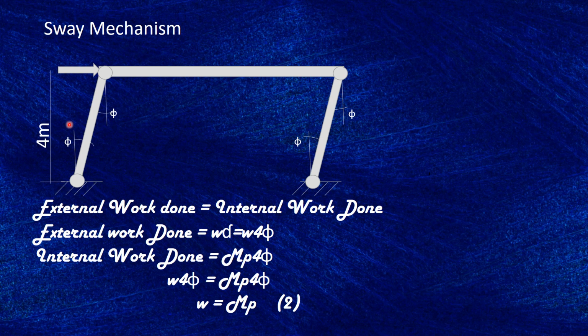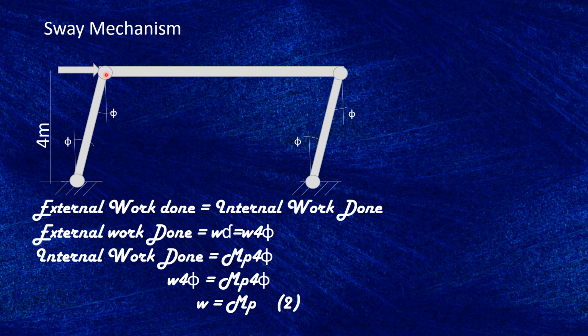Now the internal work done: this load has forced this joint to rotate, has forced that load to travel and this joint to resist, but internally it has twisted, it has moved the rotation of the joint by the force of the load MP that has caused in this connection. So that rotation theta times MP is the work done in the rotation of this joint.